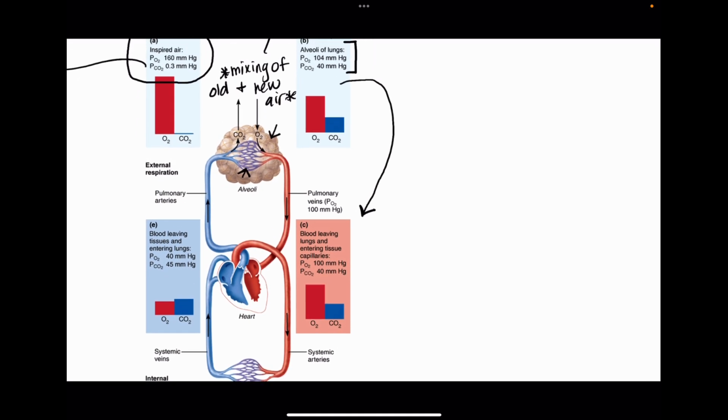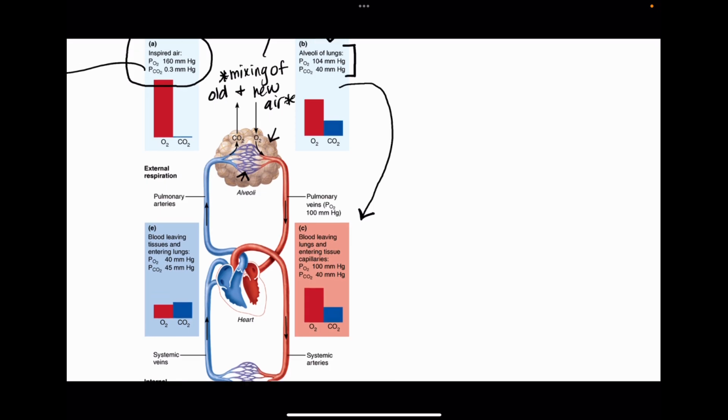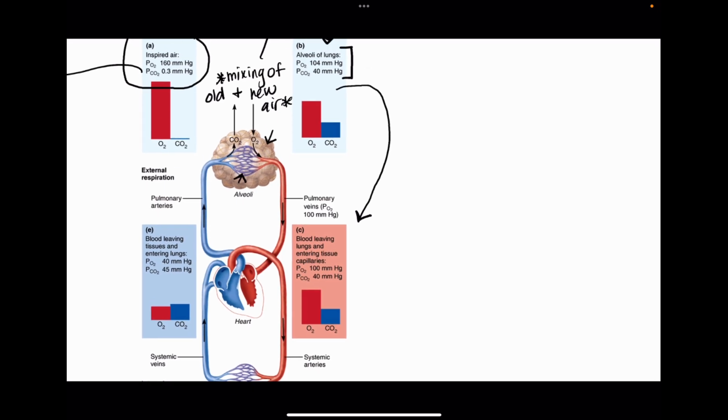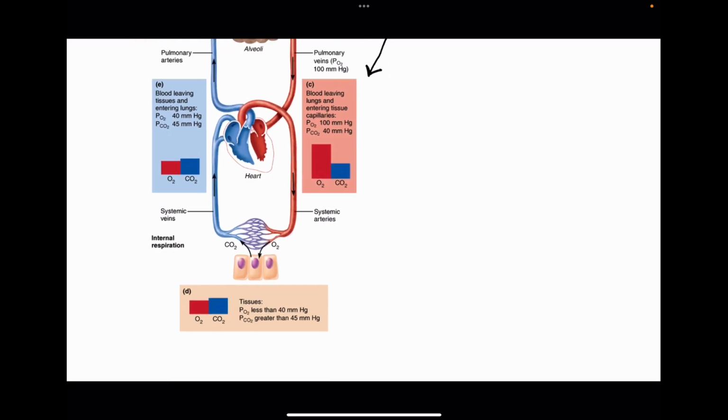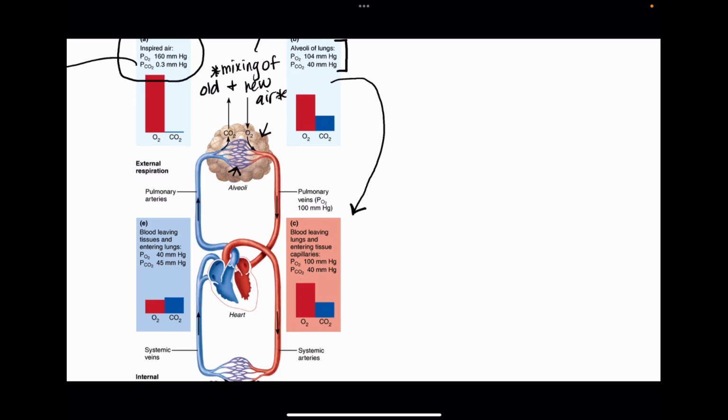So what we end up with, after having a PO2 of 104 and a PCO2 of 40 inside the lungs, when we exchange those gases with the blood inside the pulmonary capillaries, is a PO2 in the blood of 100 and a PCO2 of 40 in the blood.